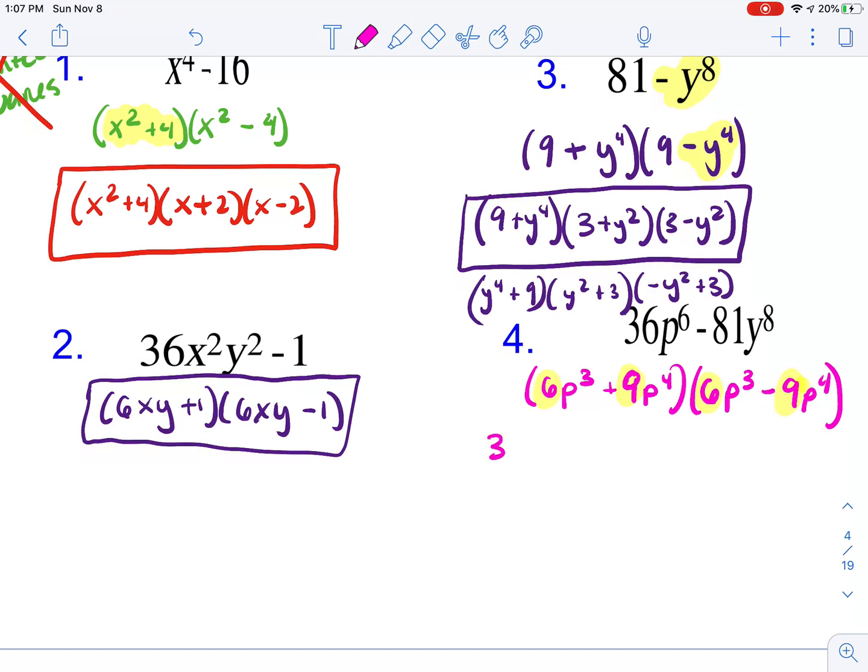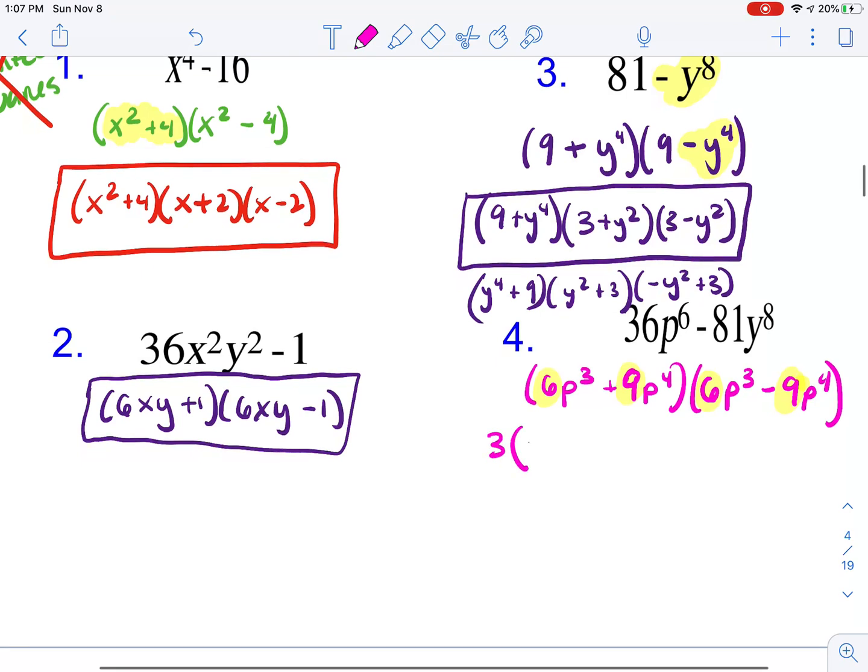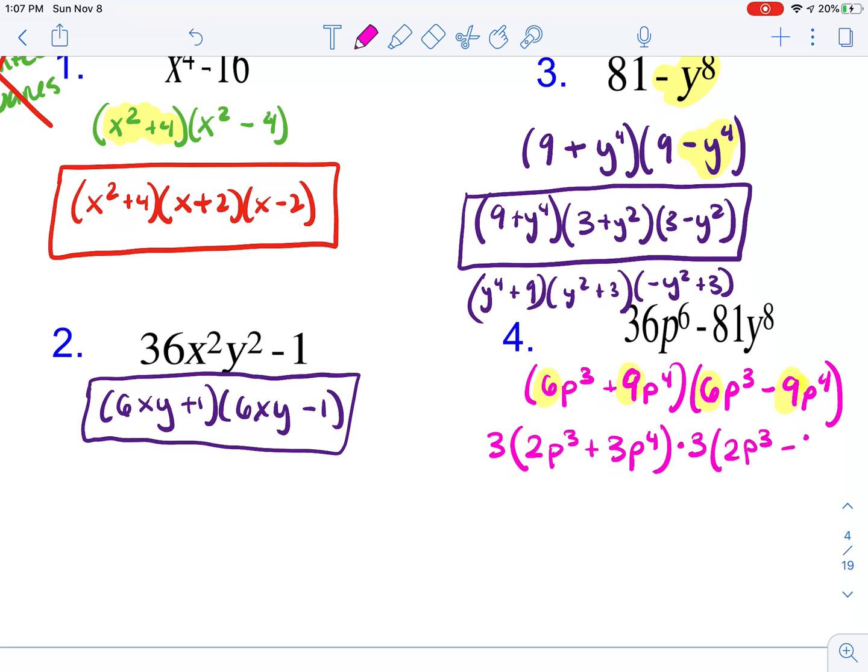So in theory, we can factor out a 3 from both parentheses to get 3 times 2p to the 3rd plus 3y to the 4th, and do the same for the second parenthesis, 3 times 2p to the 3rd minus 3y to the 4th. And now we have two 3s on the outside, which we can combine.